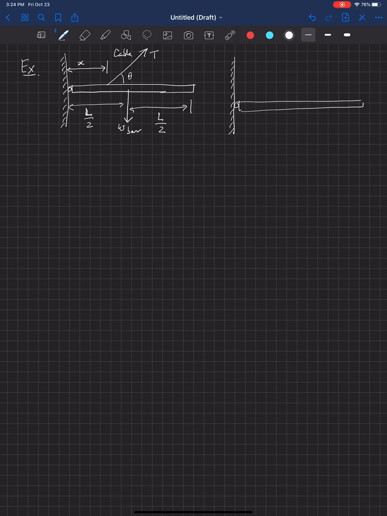I want to draw all the forces on this problem. So first let me draw the cable and the tension T in the cable. This angle is theta. And this distance is x. Okay. We then have the weight of the bar, which is W bar. And this distance we have agreed upon is L over 2.